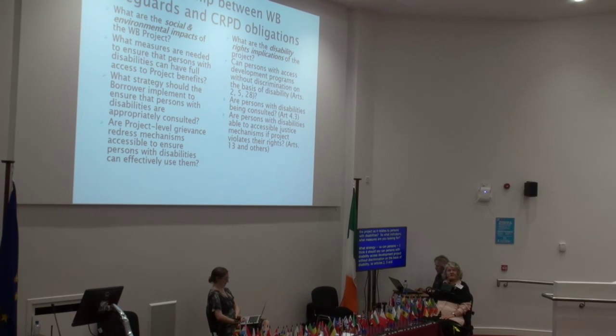For the train spotters, they will know that 2 is definitions, 5 is equality and non-discrimination, and 28 is an adequate standard of living. God, I'm going to get out more. So that's a measure that you can have. So can people access the project without discrimination?